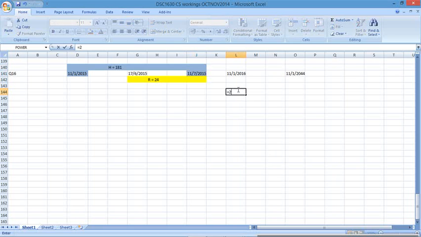So if I take 2044 and minus 2016, I get 28 and a half years. Those are the number of years that you've got in this question, 28 and a half years.